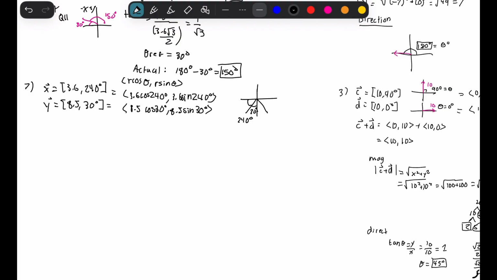That's going to be 30 degrees. So that's going to be a reference of 60 degrees.